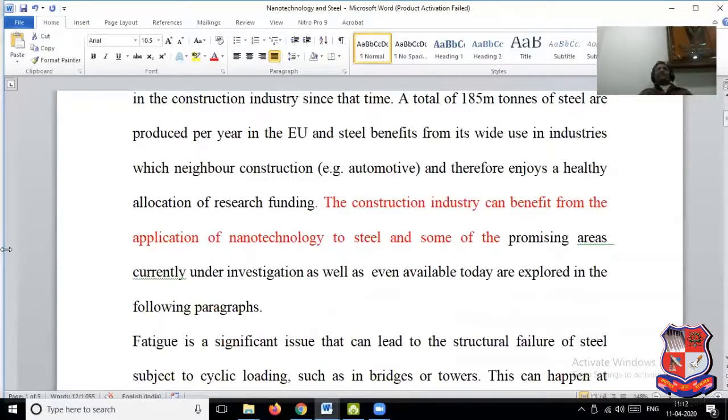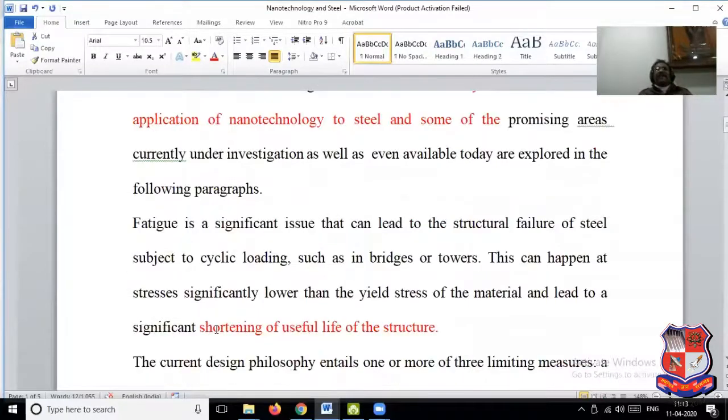For example, the construction industry can benefit from the application of nanotechnology to steel, and some promising areas are under investigation, meaning research is going on right now, as well as a few that are also available today, and we will see a few as a case study.